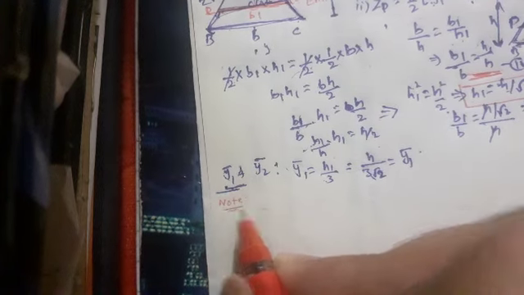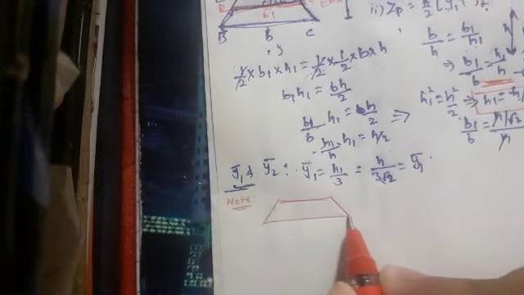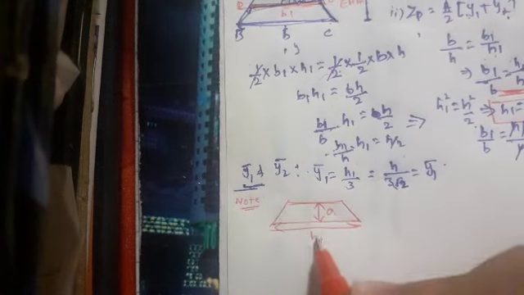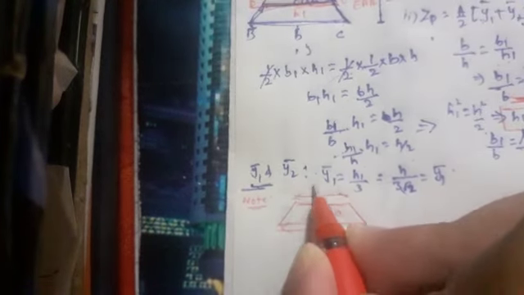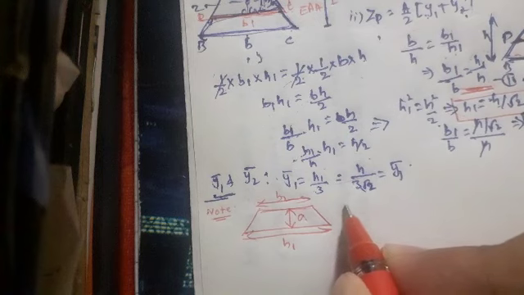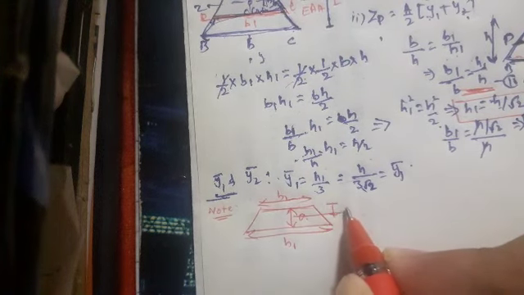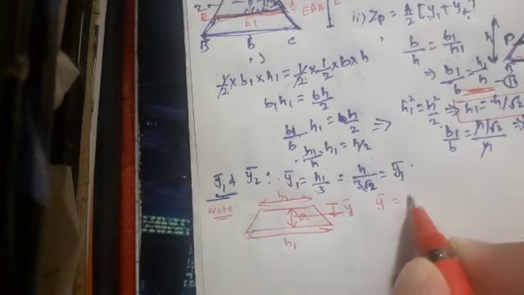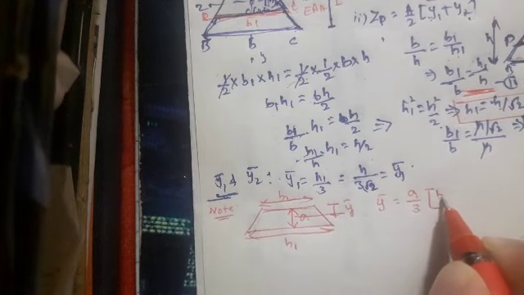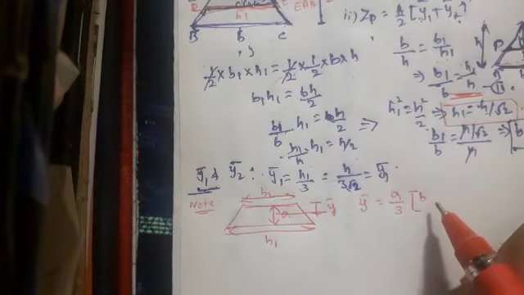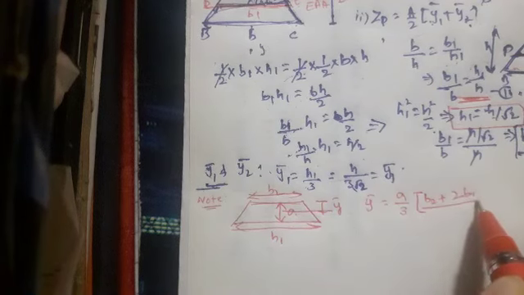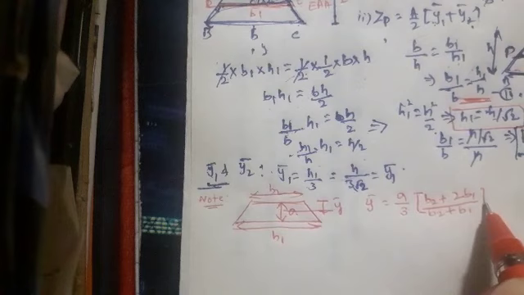For a trapezoid like this, of height A and base width B1, and top width B2, the distance y bar is equal to a by 3 into B2 plus 2B1 divided by B2 plus B1.